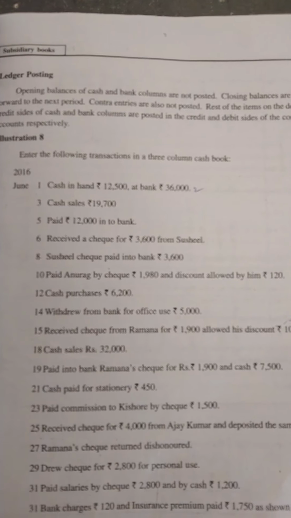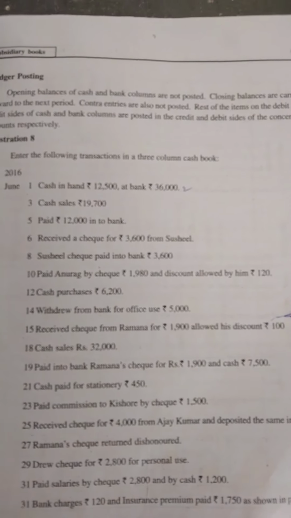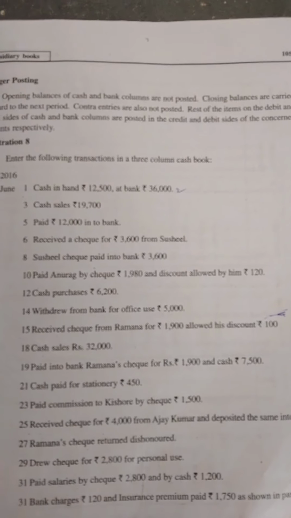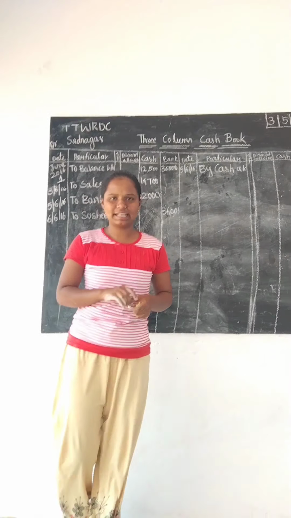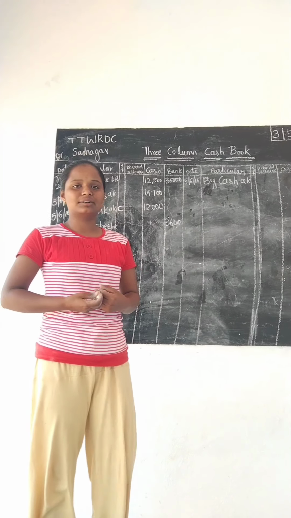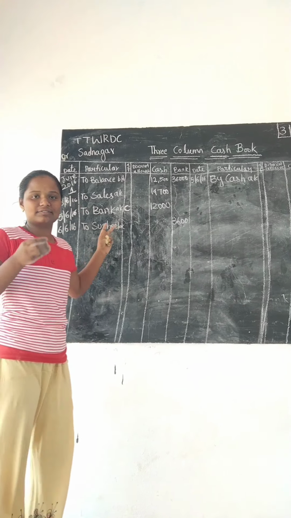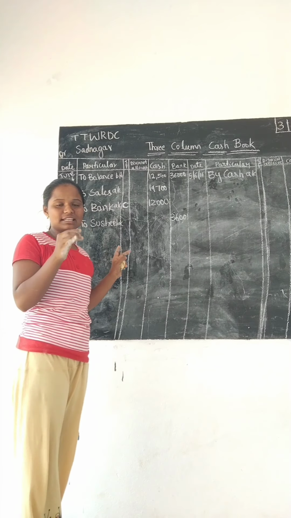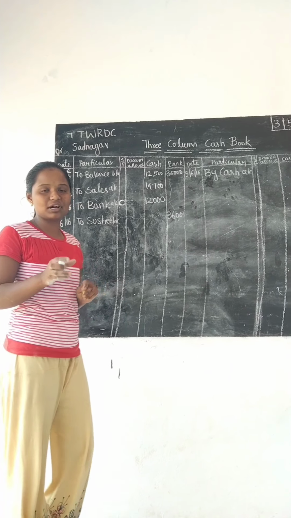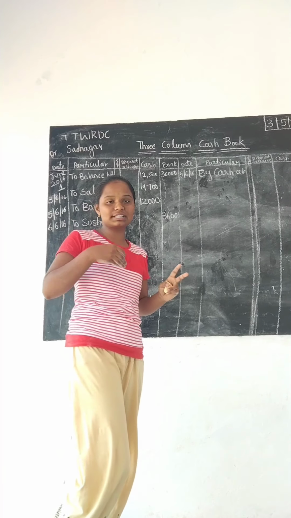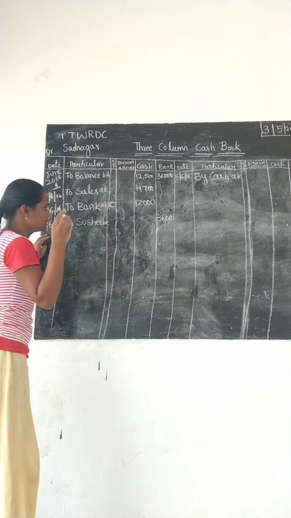And next date, 8th, Sushil check deposited into bank, rupees 3,600. On date 8, the check received from Sushil, we deposited into the bank. So it is also a contra entry because we are depositing into the bank on the next day, on the 8th day.